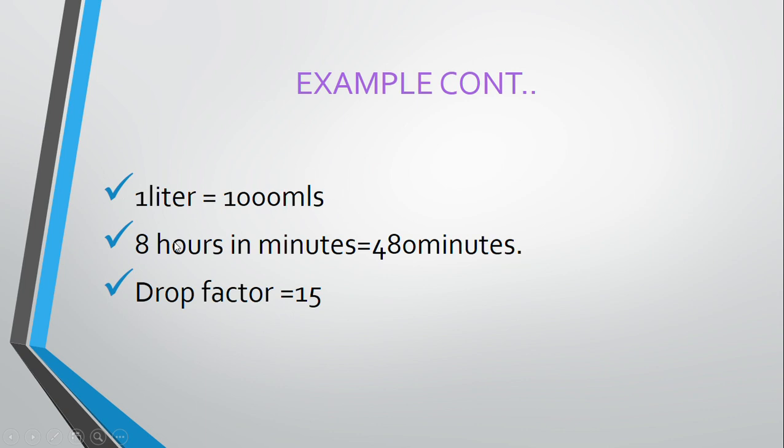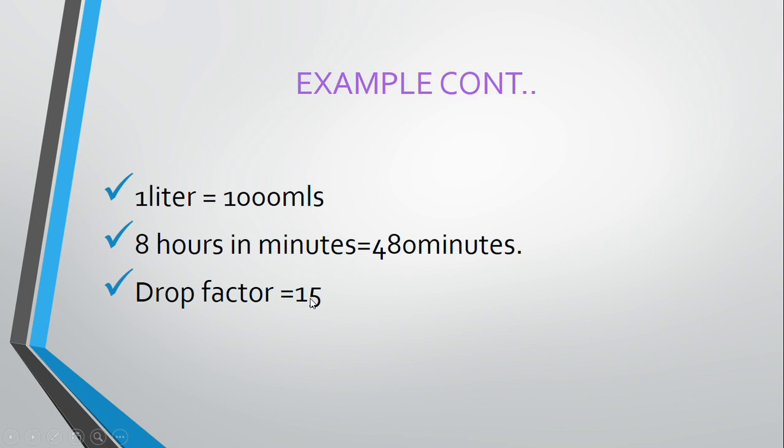Then we want to give this fluid in 8 hours. The 8 hours should also be converted to minutes. So 8 hours will make up 480 minutes. Then we have been given the drop factor as 15.